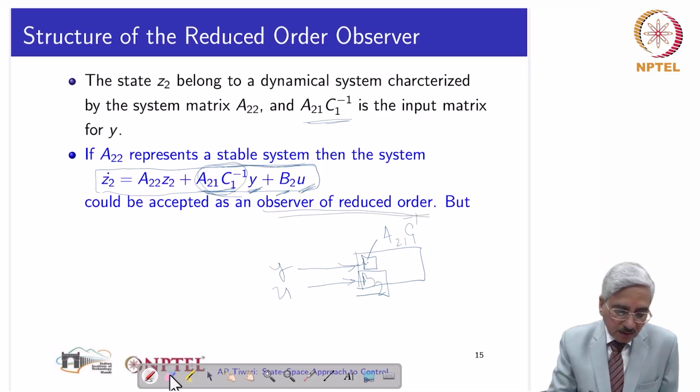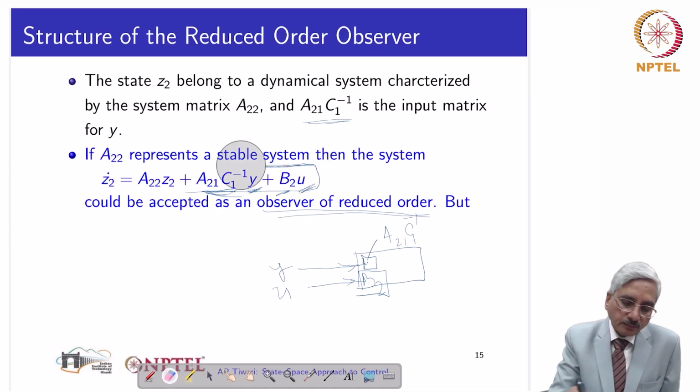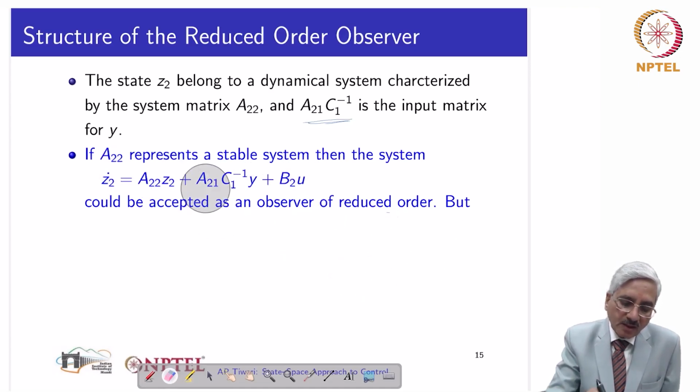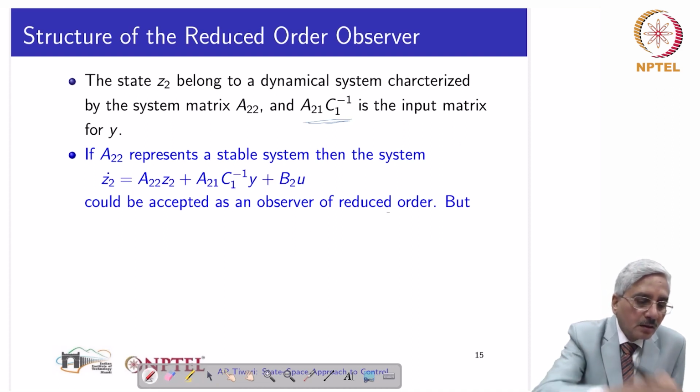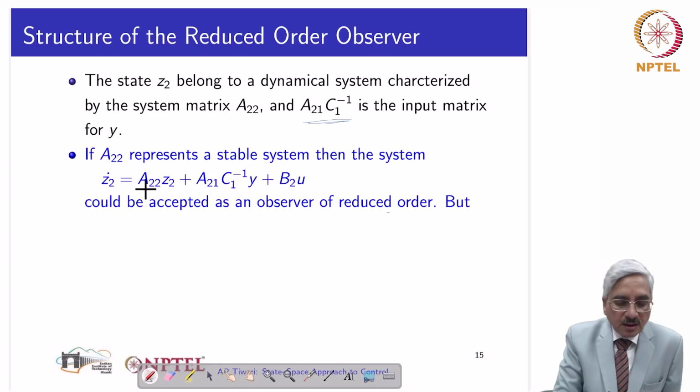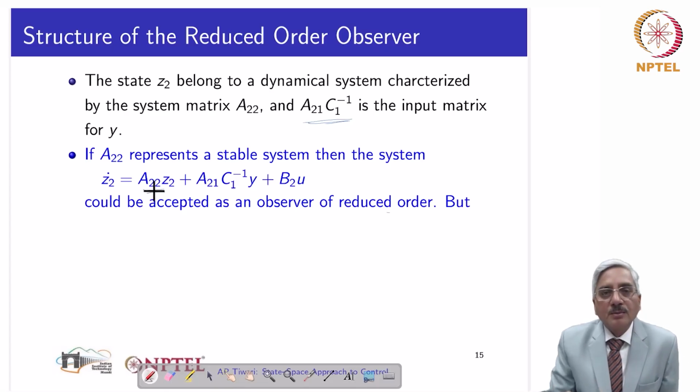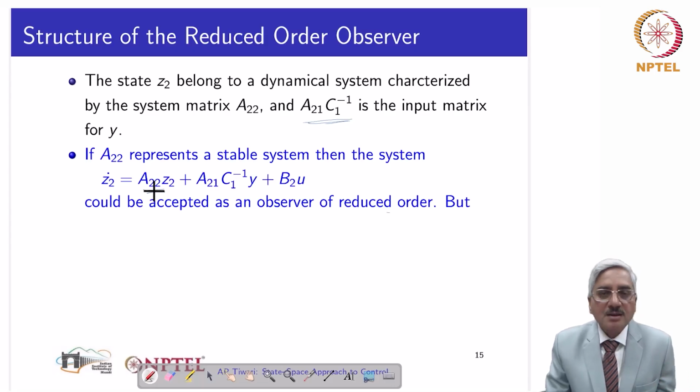Now this one can be accepted as it is if A22 possesses the stability property, if its eigenvalues are in the left half s plane, and if they are at the desired locations, then we do not need to do anything further.